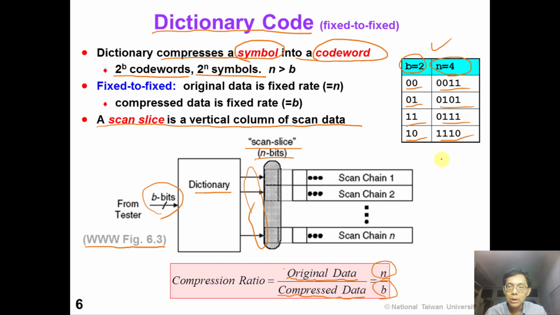For example, if we apply this technique, then N is 4, B is 2, so the compression ratio is 2. The dictionary code compression is called a fixed-to-fixed compression technique because the original data is coming at a fixed rate and the compressed data is coming out at a fixed rate.